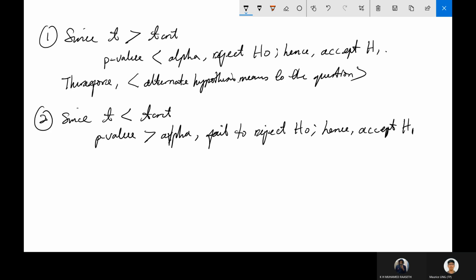You fail to reject null hypothesis, hence you accept null hypothesis. Therefore, then here you write what the null hypothesis means.